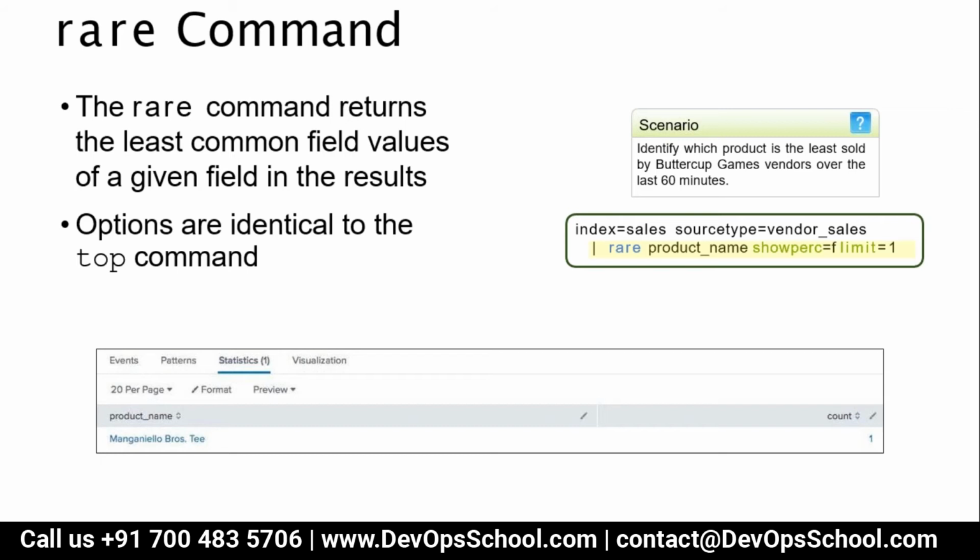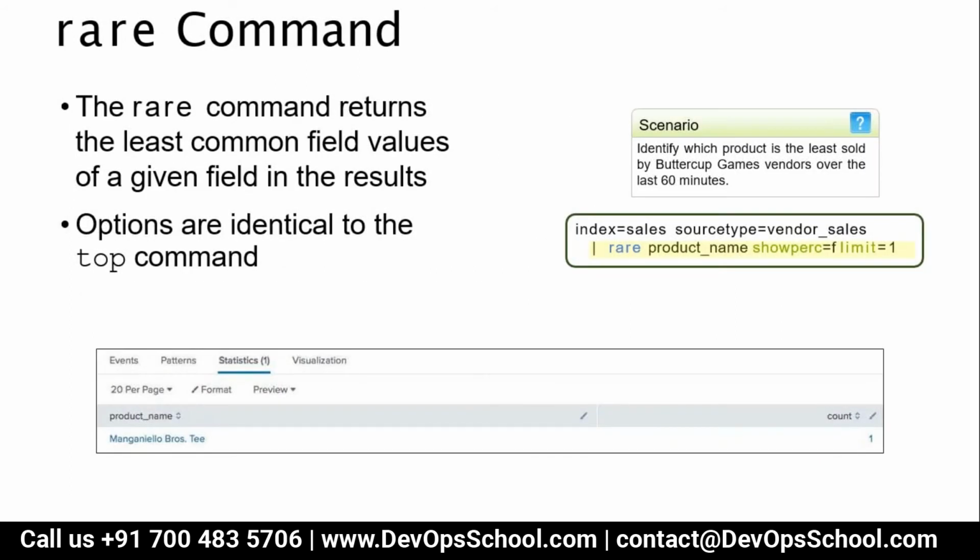So here what you're doing, look at this, rare by what? Product name. So show me the rare entries in the product name which has been sold, but also showperc disabled, f means false, and only show me limit one. Okay, so that way you can use the rare command also.